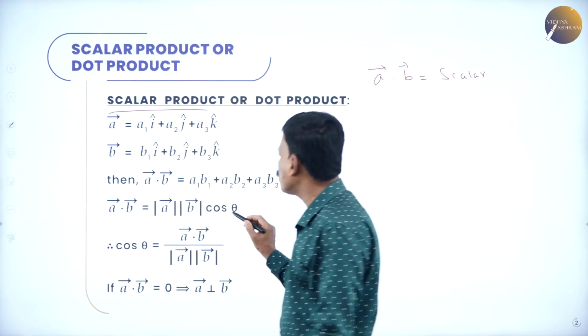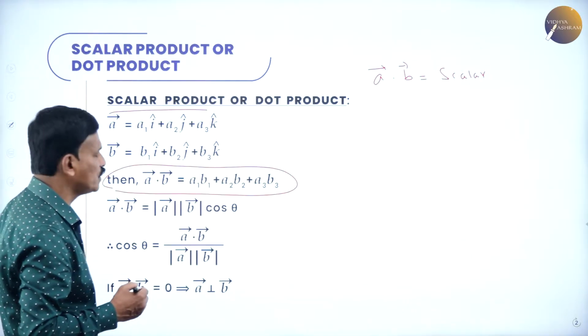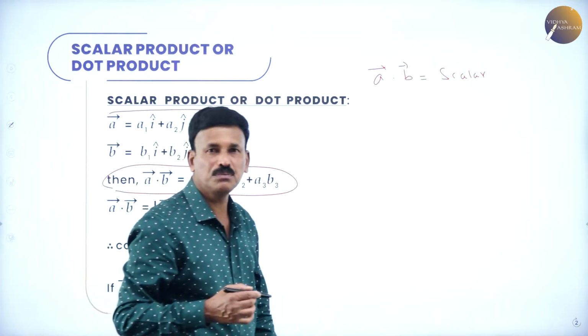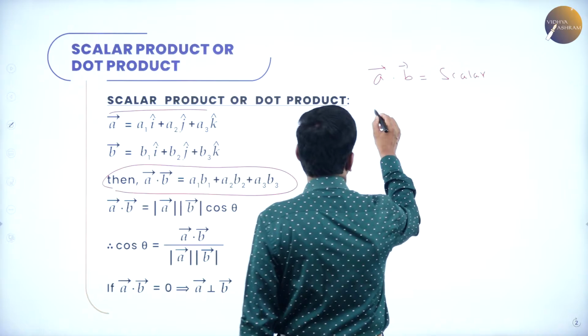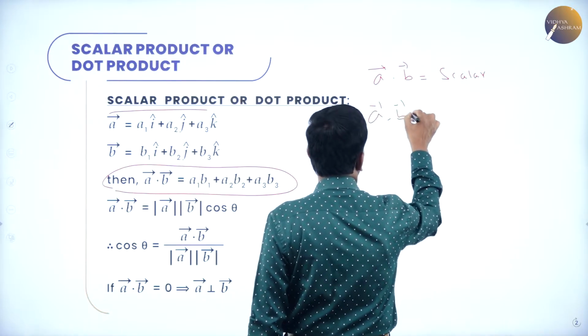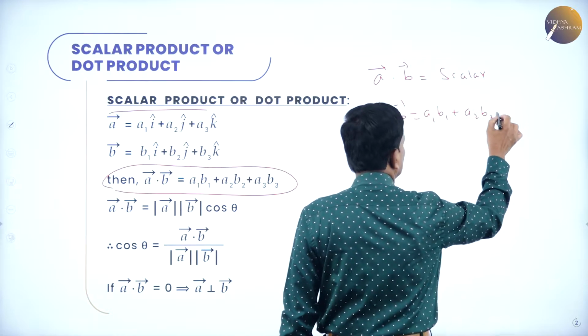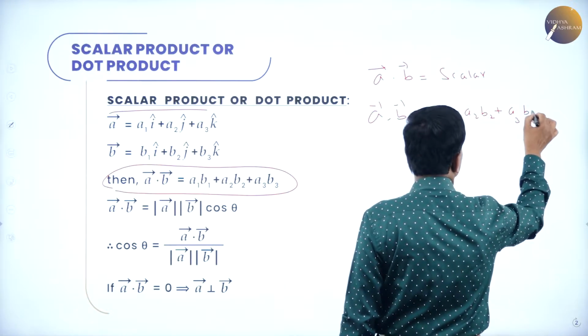This is called the dot product. The scalar product of two vectors A dot B is always equal to A1 B1 plus A2 B2 plus A3 B3, the summation.